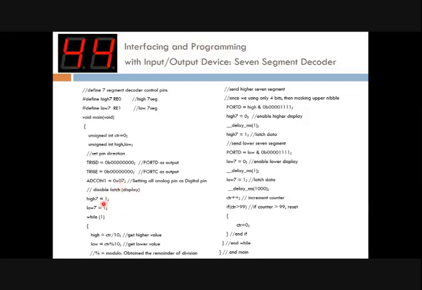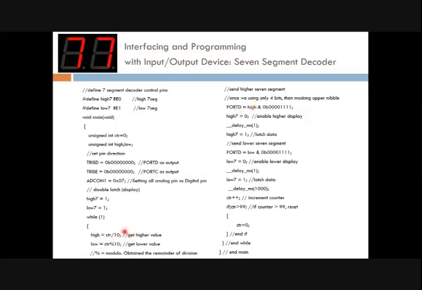And then after that, we define high 7 as RE0 and low 7 as RE1, and we put 1 into high 7 and also 1 into low 7. Then we do the same thing: we divide by 10 and take the remainder through the modulus.